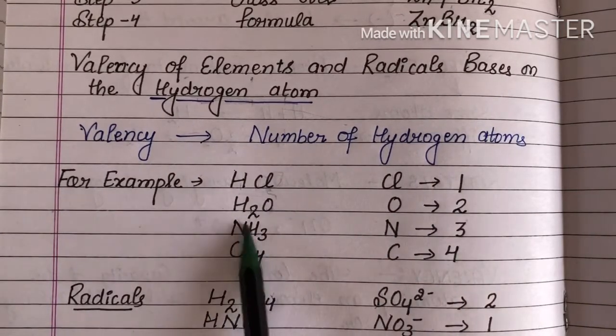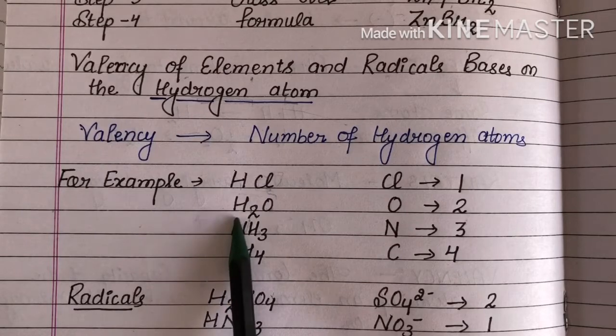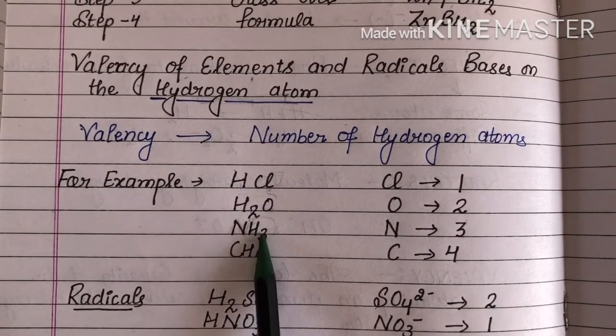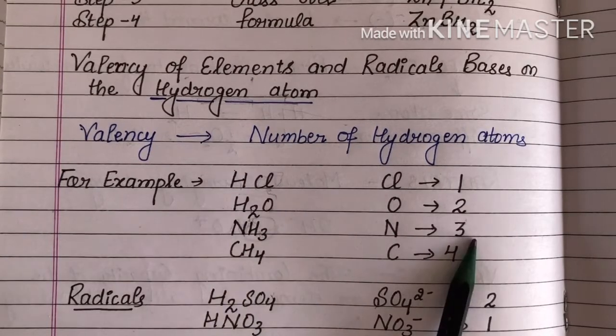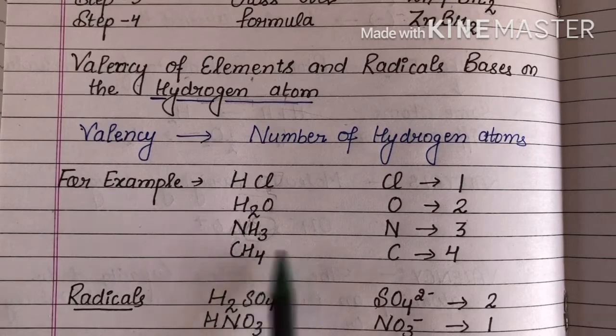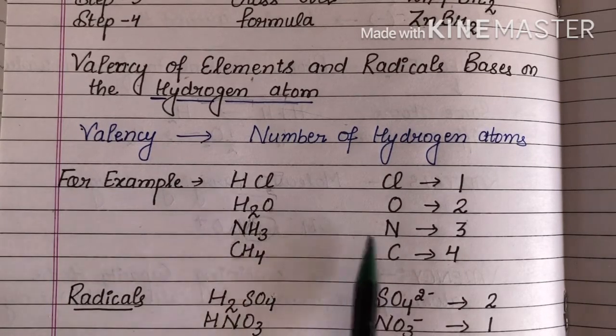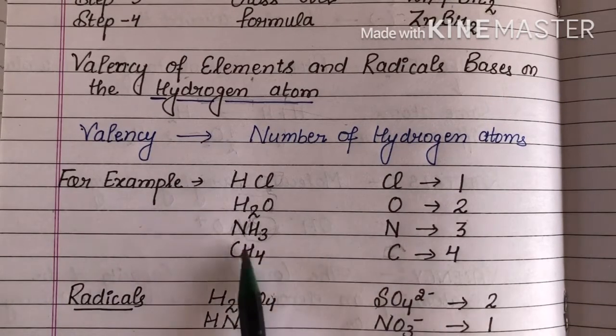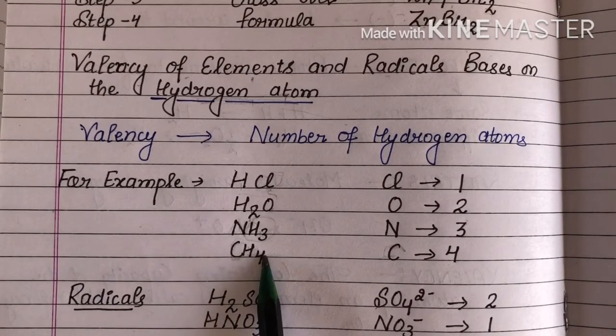Then in the case of ammonia, we have to find the valency of nitrogen. Here nitrogen is combined with 3 hydrogen atoms. So its valency is 3. In the next case, this is methane. Here the valency of carbon is 4 because carbon is combined with 4 hydrogen atoms.